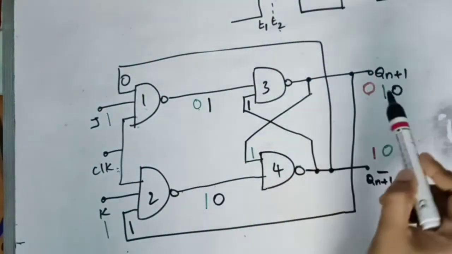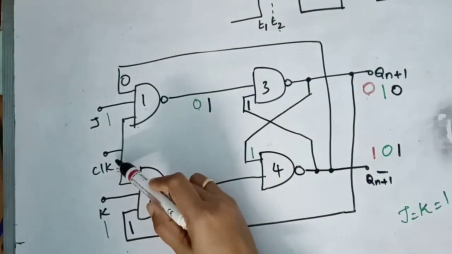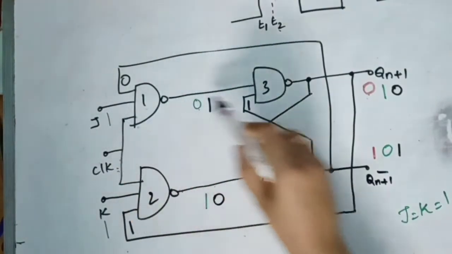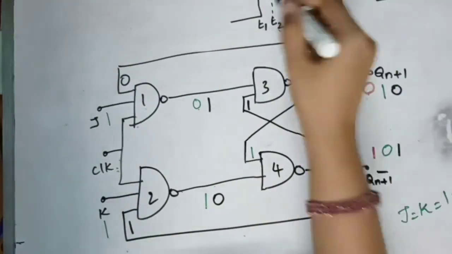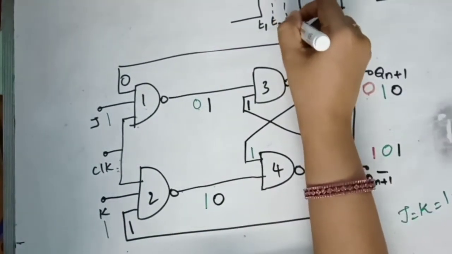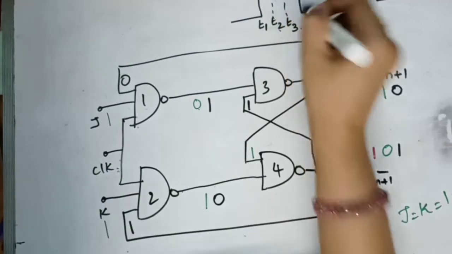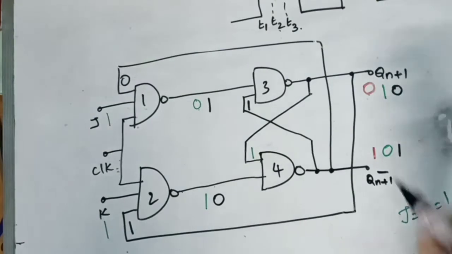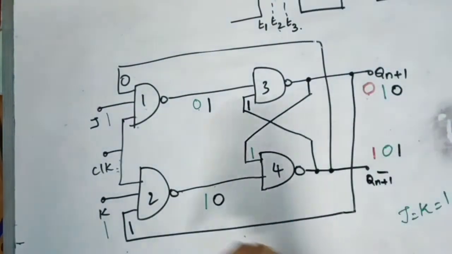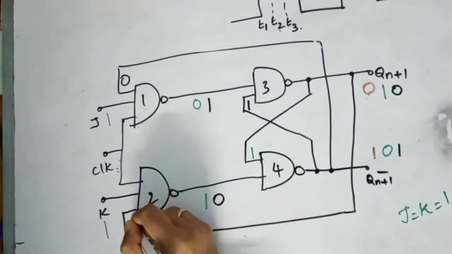what happens? The clock is still high. This is still 1. So my output will again change. Now suppose this particular change happened at say time t3. Again my clock is still high. So this 0 will come here.